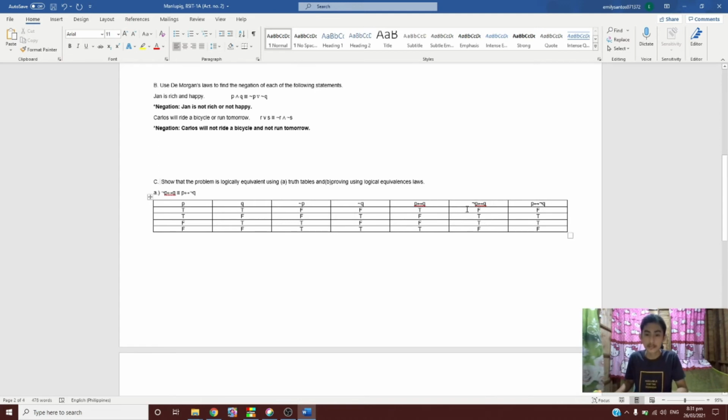They have the same results of true and false values: F, T, T, F and also F, T, T, F. So this is the first part, by getting its equivalence.